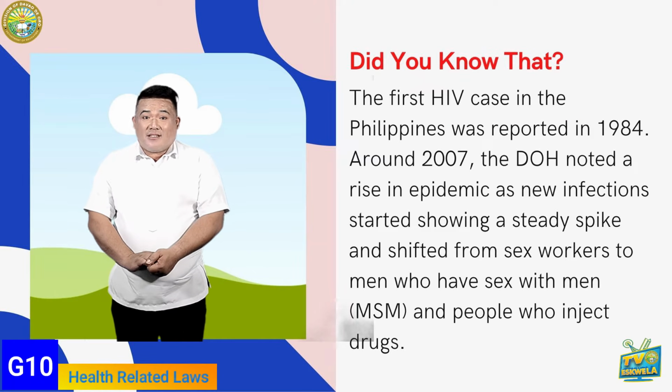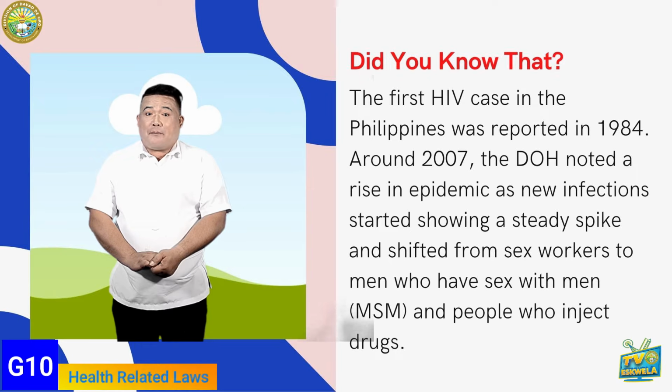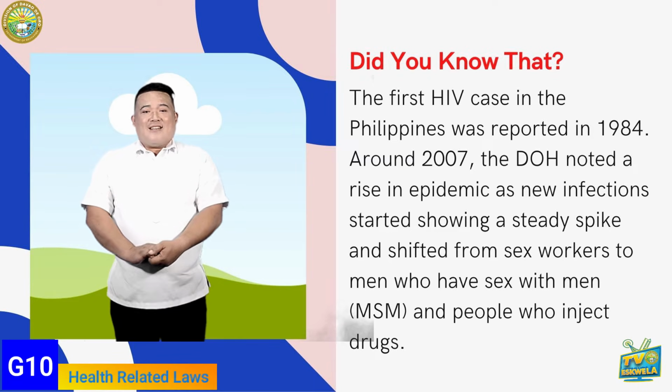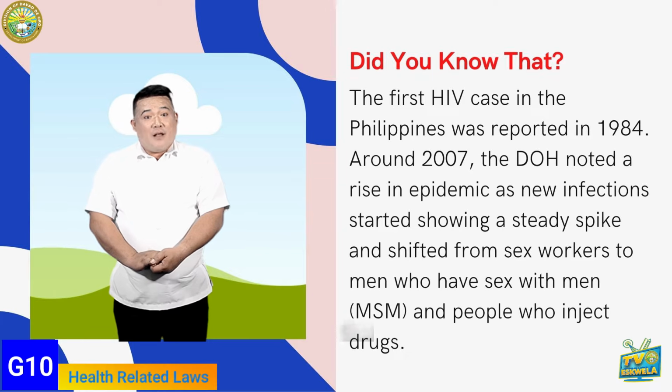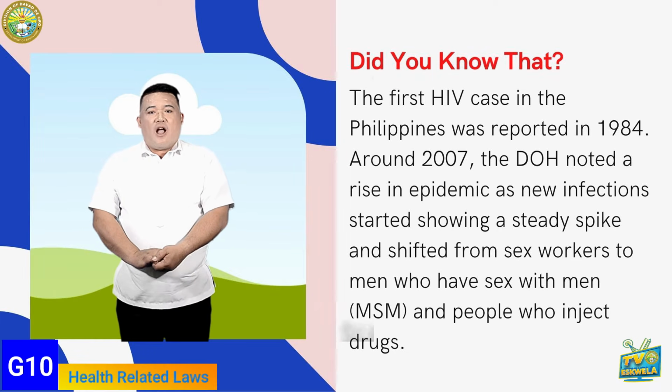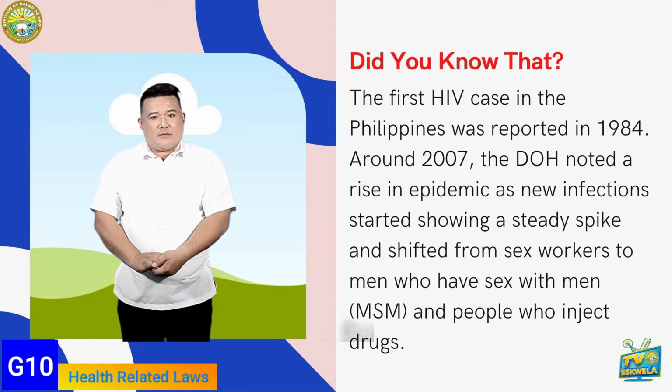Did you know that the first HIV case in the Philippines was reported in 1984? Around 2007, the DOH noted a rise in epidemic as new infections started showing a steady spike and shifted from sex workers to men who have sex with men, MSM, and people who inject drugs.